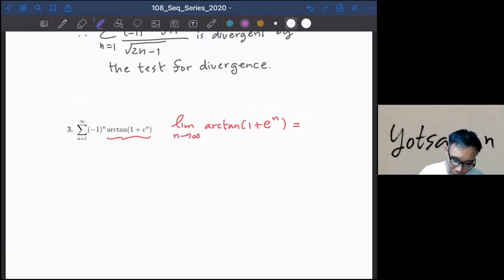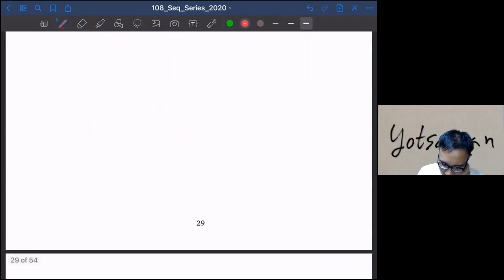Okay, so this one is the green one, and the limit of the green function turns out to be not equal to 0. I'll let you do this one first.